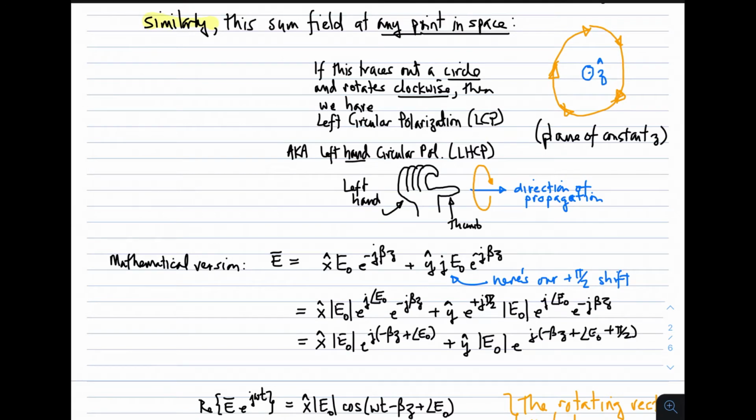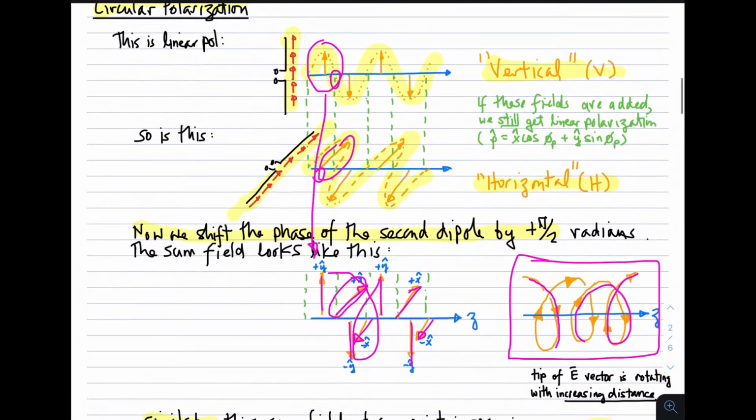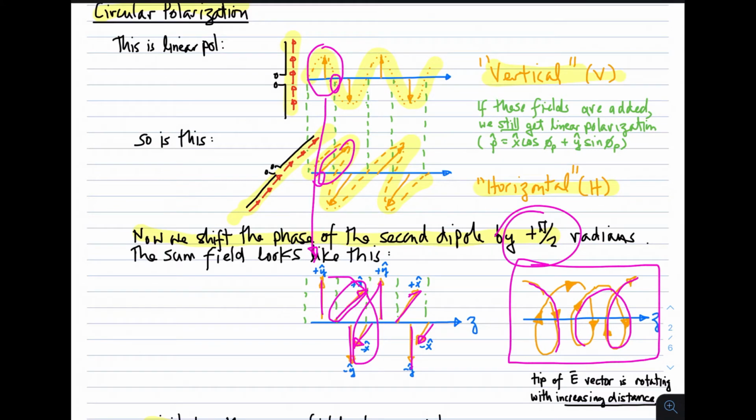Similarly, at any point in space, we should see this corkscrewing behavior, and we do. If we sit at one location and observe the electric field go by, we will see the tip of the electric field spin around in place as indicated here. We'll note that this traces out a circle, and it rotates clockwise in this case because of the particular choice of phase shift that we made here, plus 90 degrees.